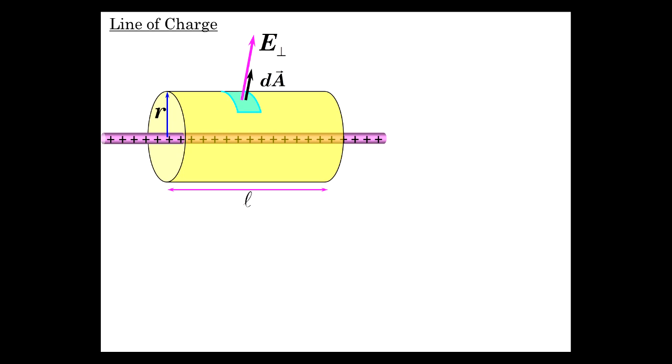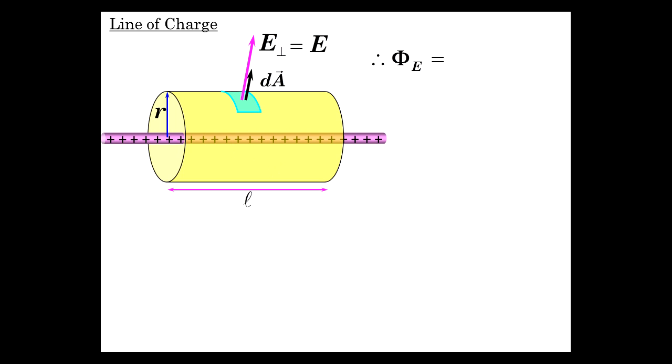So that in fact is the case, because the electric field produced by a line of charge is radially outward from the line. So E perpendicular is E. It is constant in value everywhere on the wall of this Gaussian surface, and it's radially out from the wire.